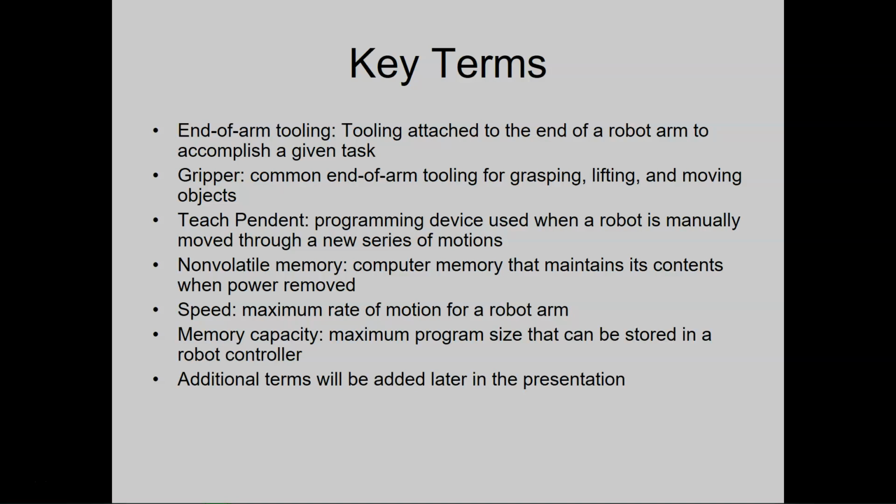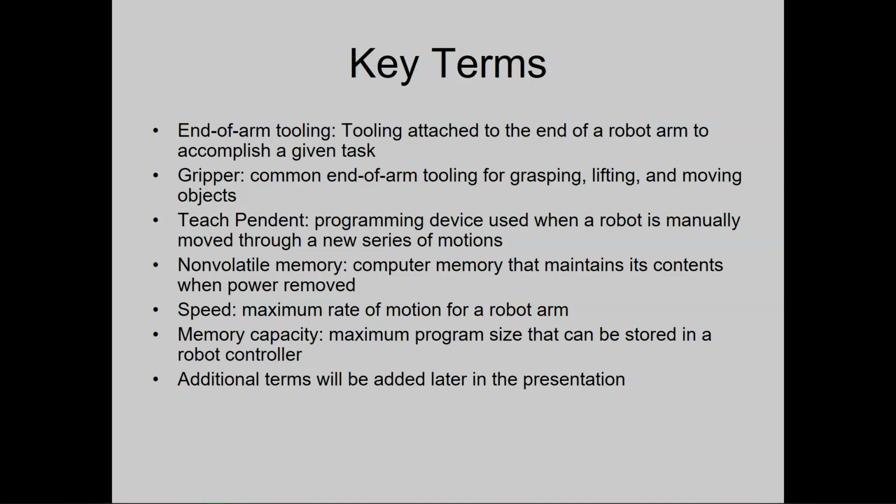Now, let me clarify something because the next one is a gripper. A lot of people want to call the end of arm tool the gripper. However, a gripper is used for gripping, moving, and lifting objects. That's not always what a robot does.